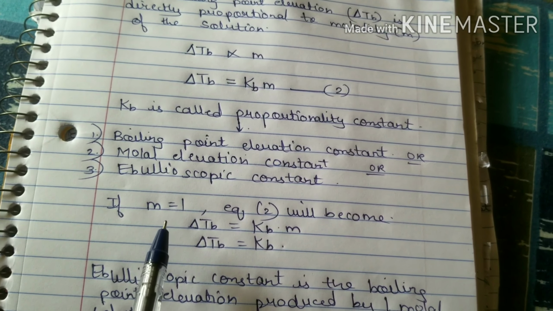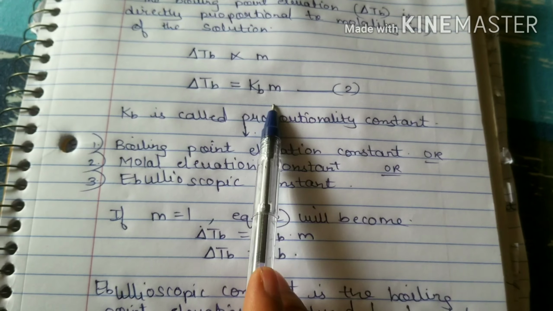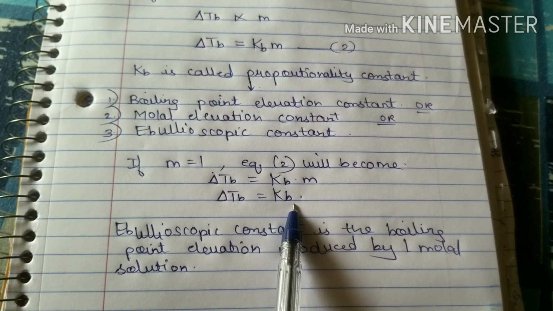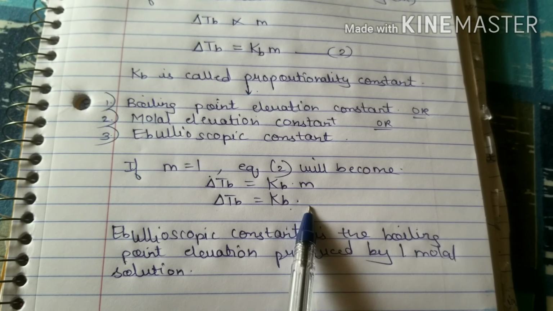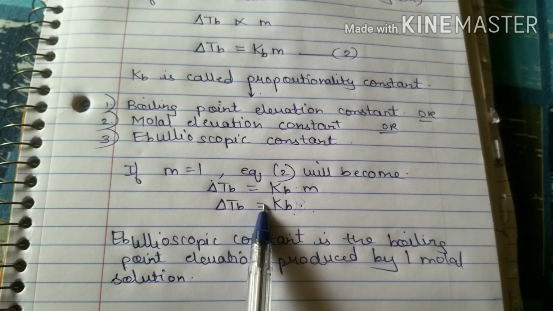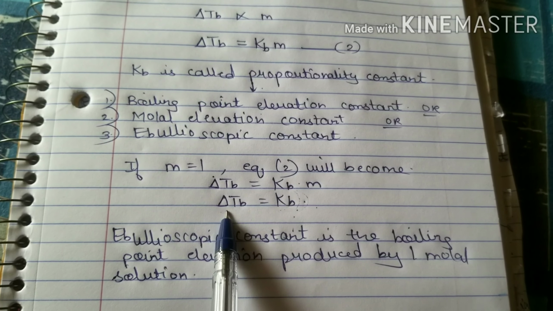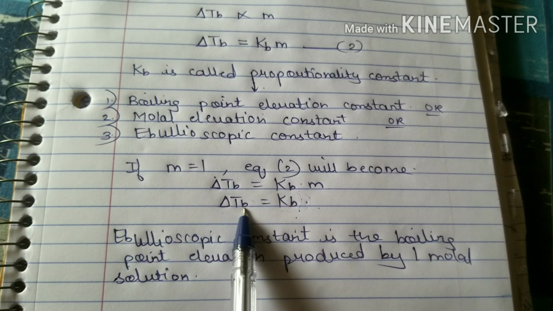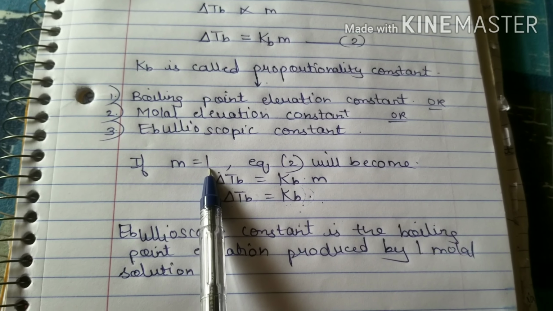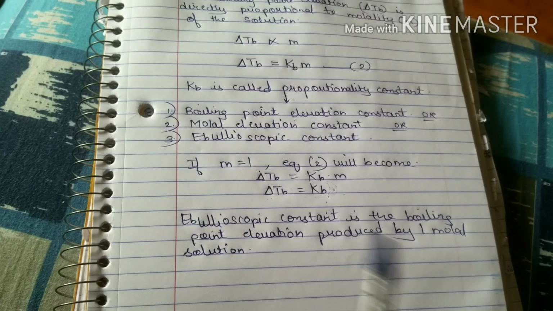We took the molality as 1. So substituting m is equal to 1 in that equation, what did you get? Delta TB is equal to KB if m is equal to 1, right? So you are getting the definition of this constant, the ebullioscopic constant. It is nothing but the boiling point elevation which is produced when you take the molality of solution as 1. Now what are the units of this boiling point elevation?